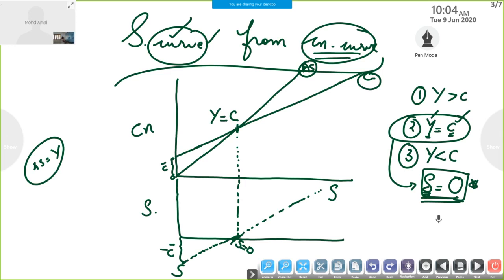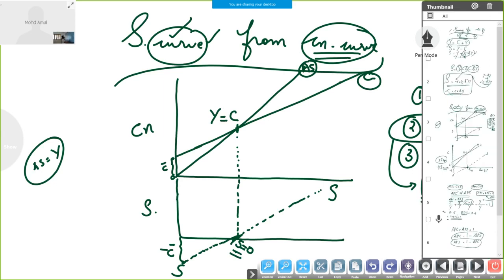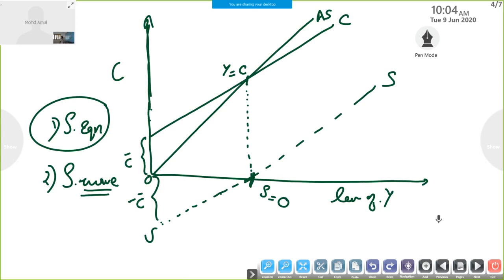From the break-even point we get saving equal to 0 on the saving curve. Then either in two panels or in a single diagram you can represent the derivation of the saving curve. You should label minus C dash and C dash.